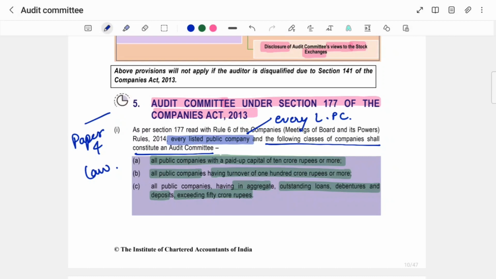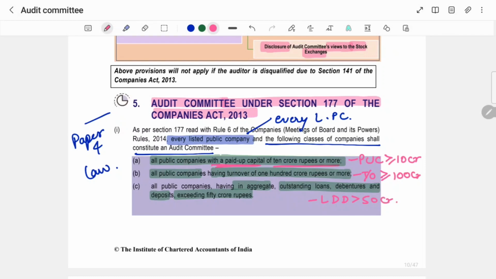Who are required? All public companies. So all public companies with a paid up capital of at least 10 crore rupees. So in case of paid up capital, that is PUC of greater than equal to 10 crore. In case of turnover, greater than equal to 100 crore. In case of loans, debentures, deposits, greater than 50 crore rupees.